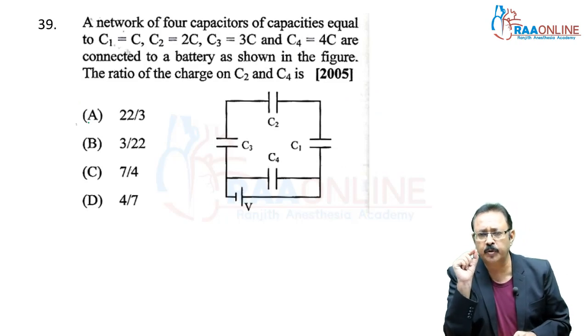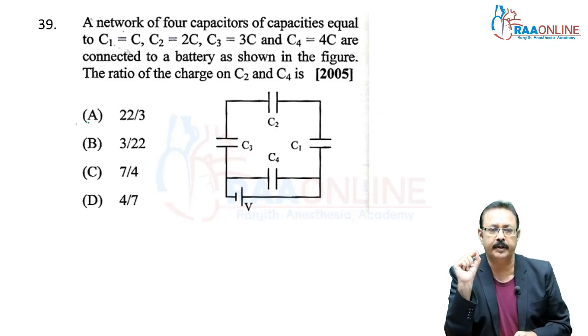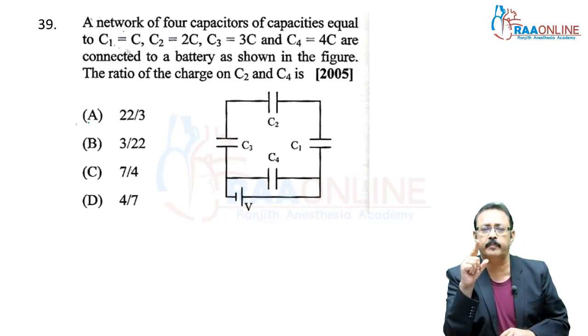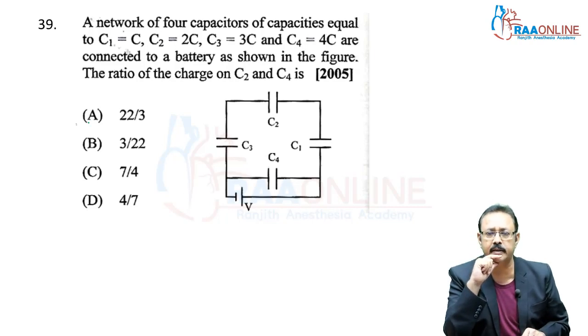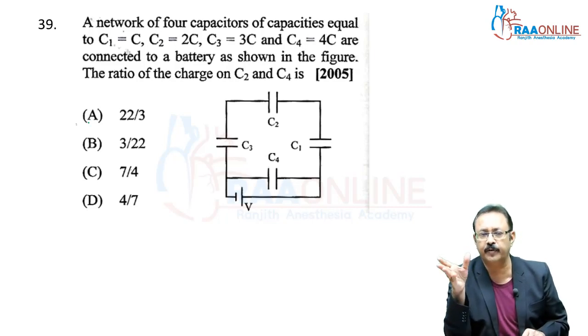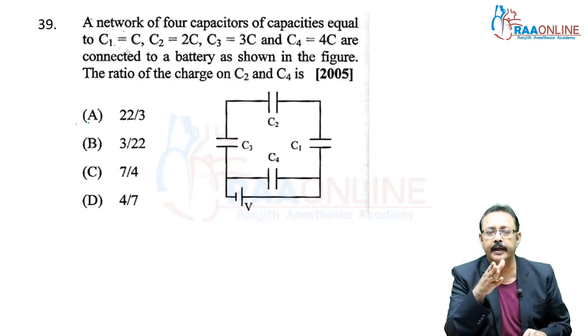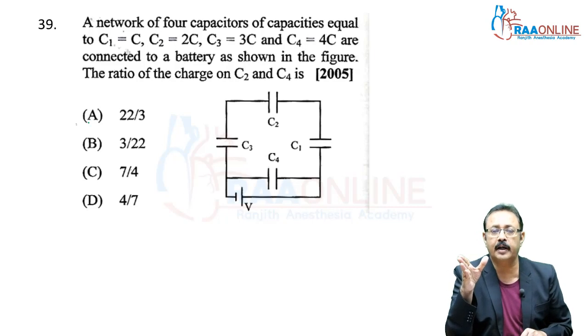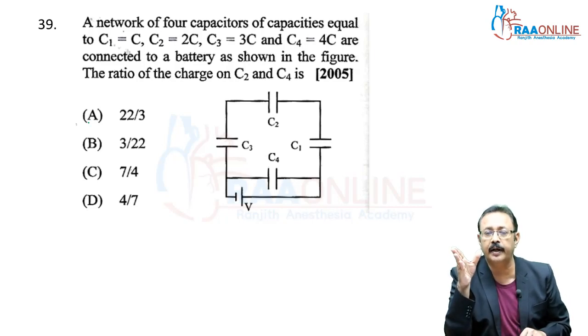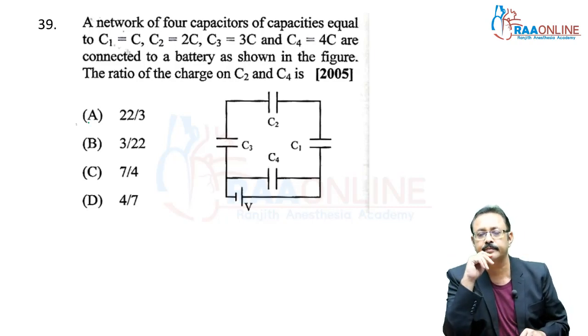Next, it is from 2005 AIPMT. A network of 4 capacitors of capacities C1 is C, C2 is 2C, C3 is 3C, C4 is 4C, are connected to a battery as shown in the figure. The ratio of the charge on C2 and C4 is?